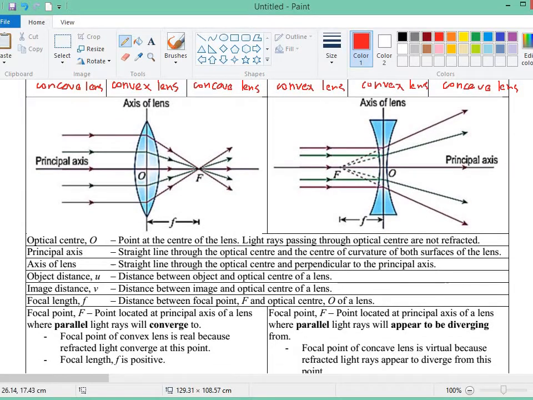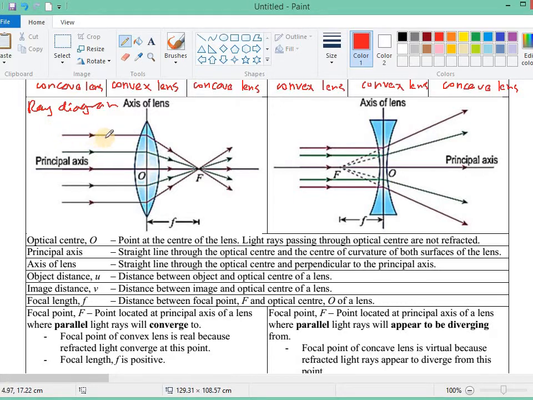Okay, so next there are some names that we need to learn about this lens. Because you see, this is actually what we call a ray diagram. The ray diagram shows us the pathway of the light ray.